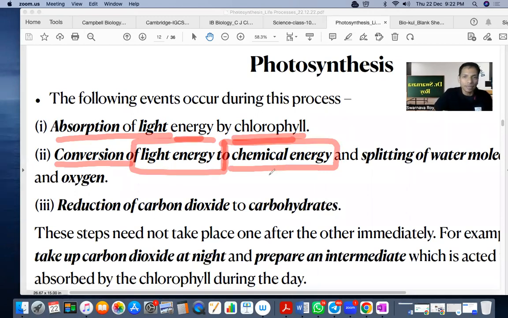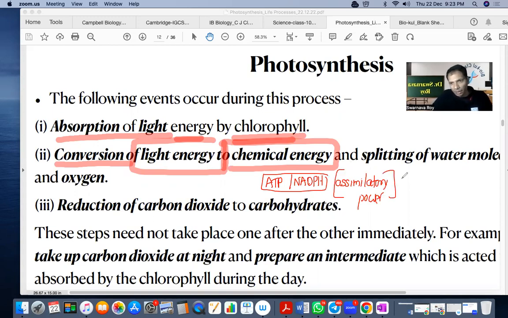So what is the chemical energy? ATP and NADPH. These are also called the assimilatory power. Why are they called the assimilatory power? Because these two are required for assimilation of carbon dioxide.